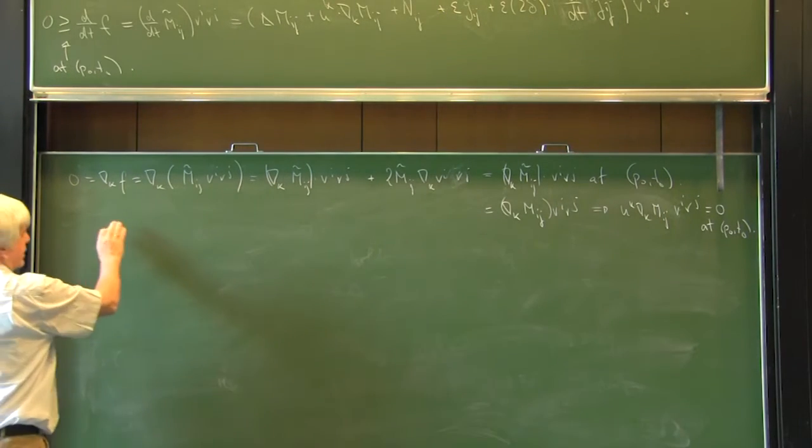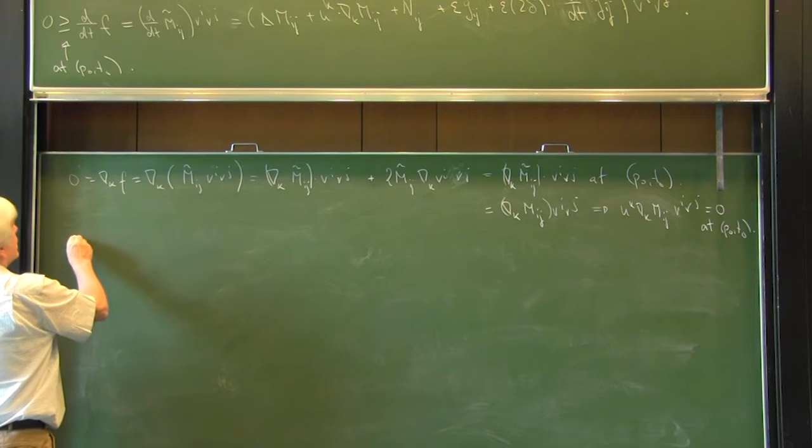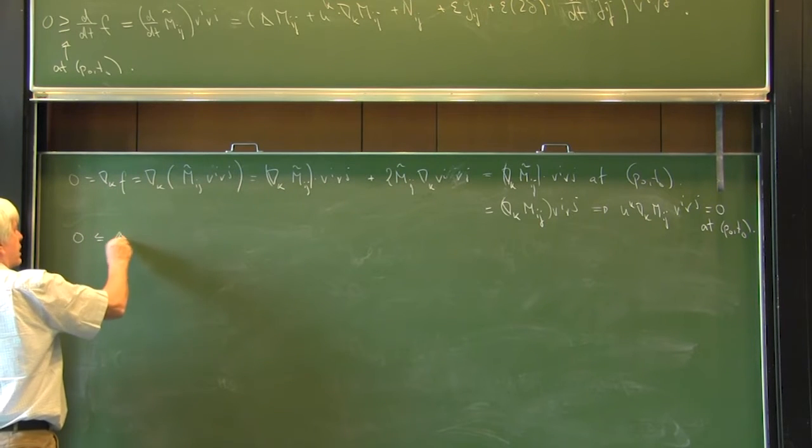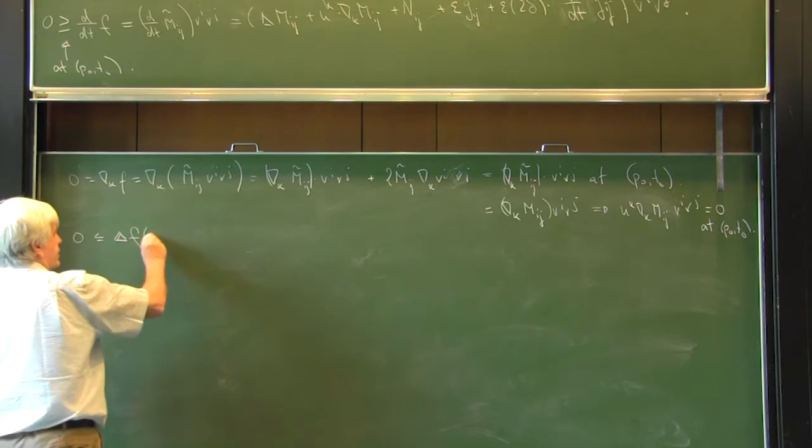Right. Next thing we know is that 0 is less than the Laplacian of f at p naught.